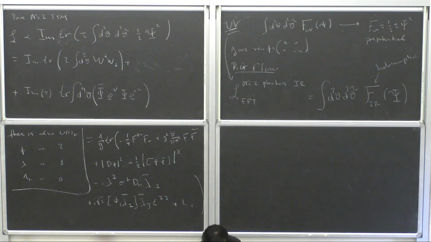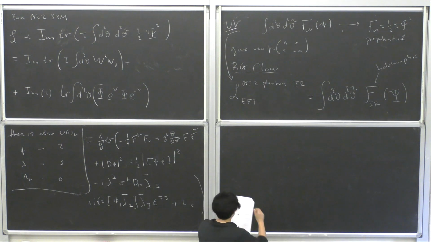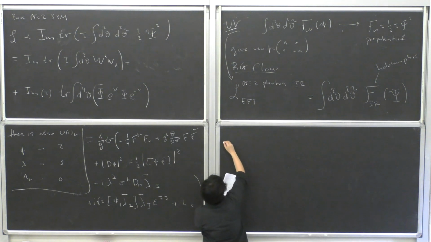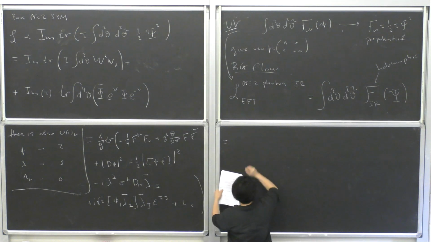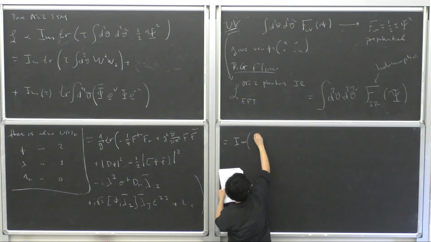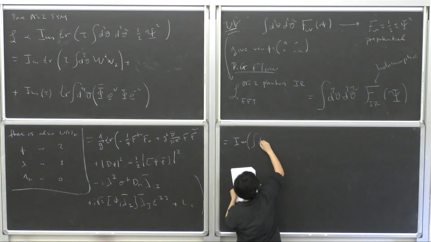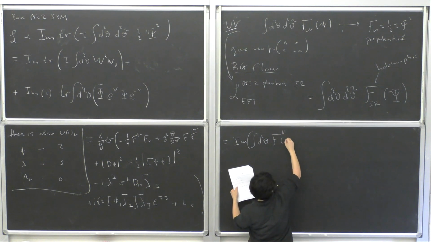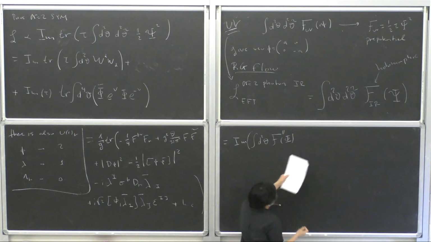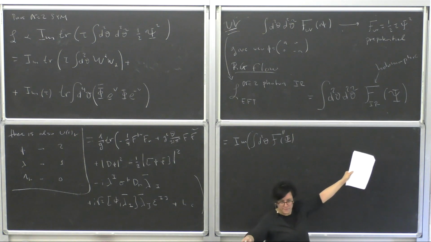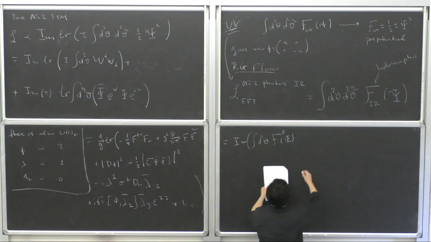So let's go a little bit. So this is our friend, and this can also be written. I wrote here IR, but let's drop this. It's the IR, yes? Let's stop writing things when we don't need them.